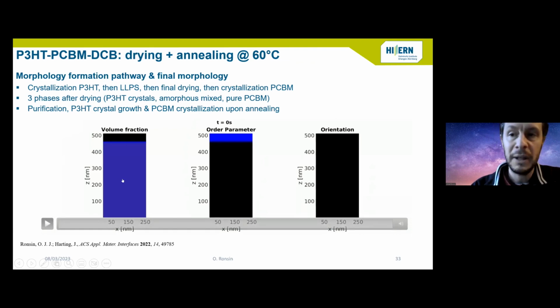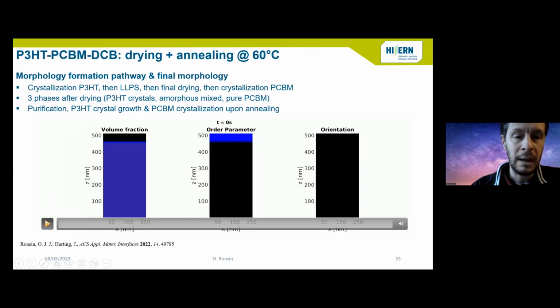Blue means solvent, and you will see red, which is P3HT, and green, which is PCBM. For the order parameter, the order parameter of the solvent tracks the vapor phase. And for the P3HT and PCBM, this will be the crystallites.